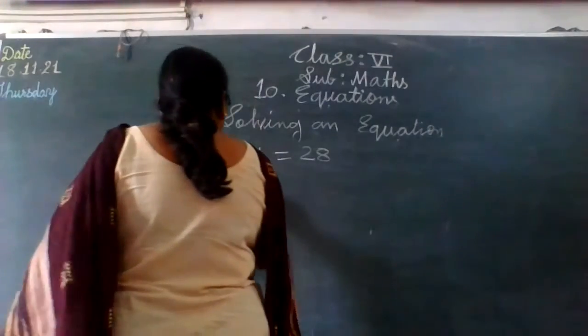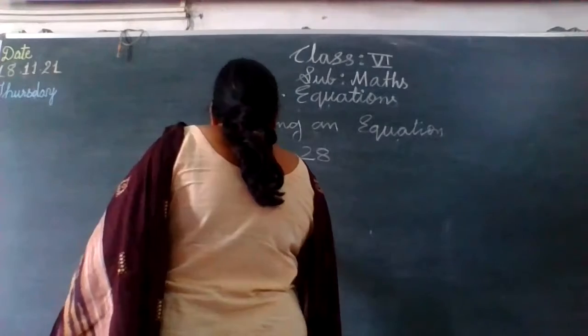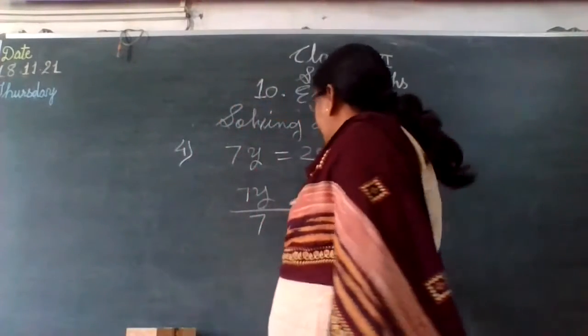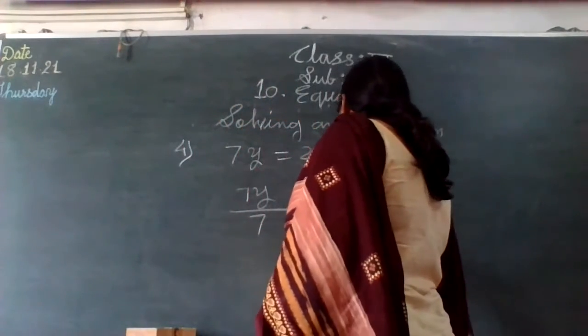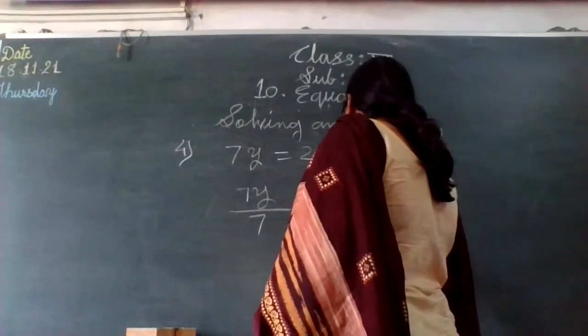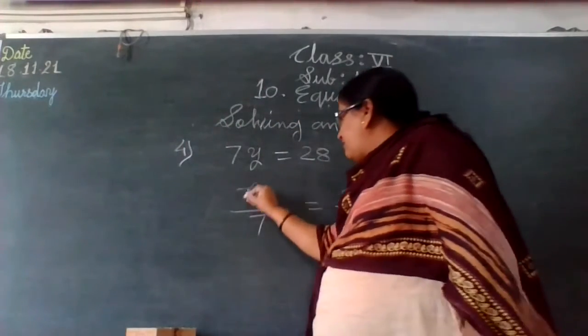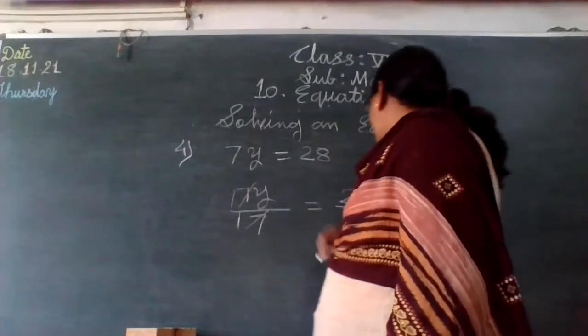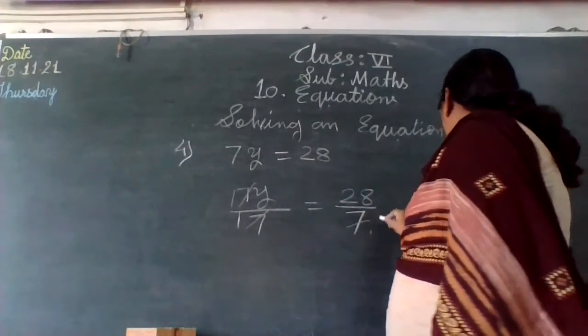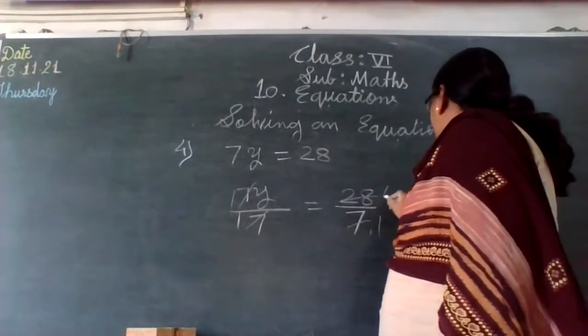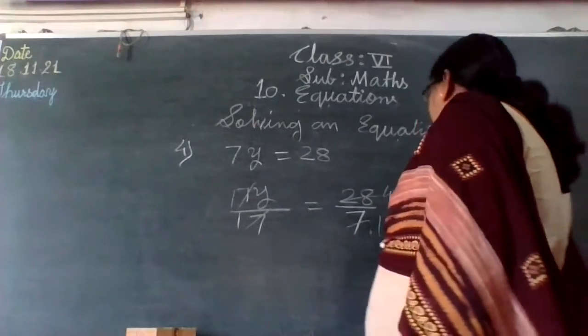So let's see, 7y divided by 7 is equal to 28 divided by 7. 7 ones are 7, 7 ones are 7. Here 7 fours are 28.